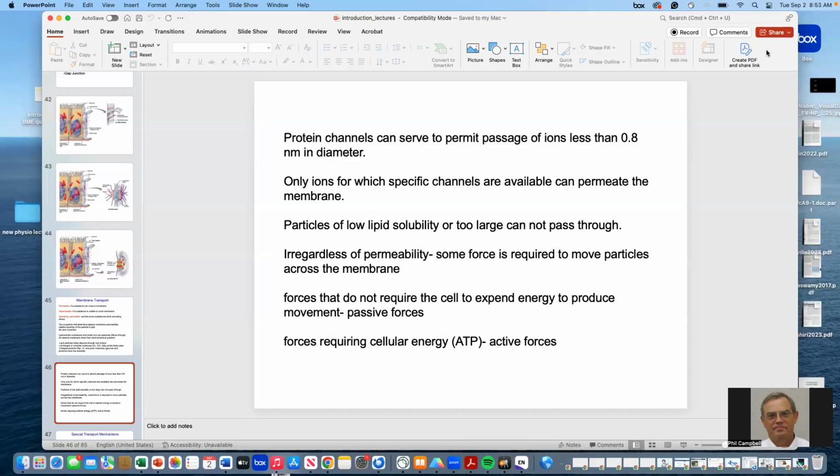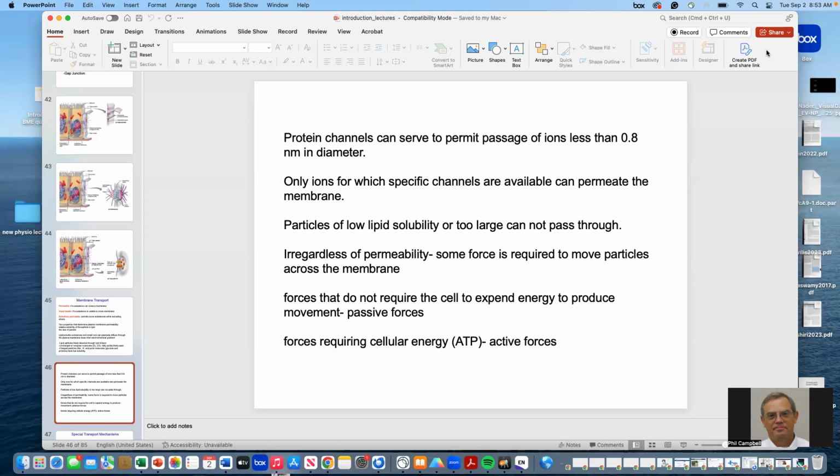Again, if things are permeable, either through direct permeability across the plasma membrane or through transport, what determines the direction of transport is the concentration difference across that membrane.